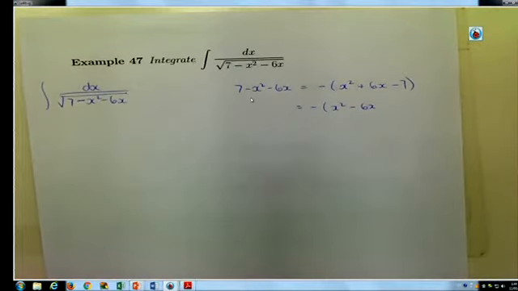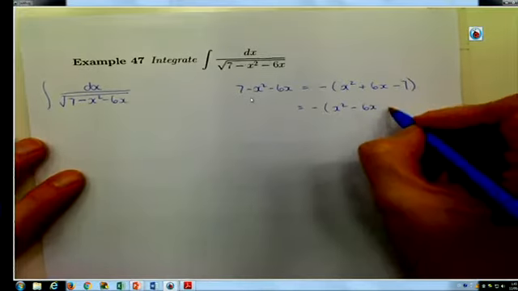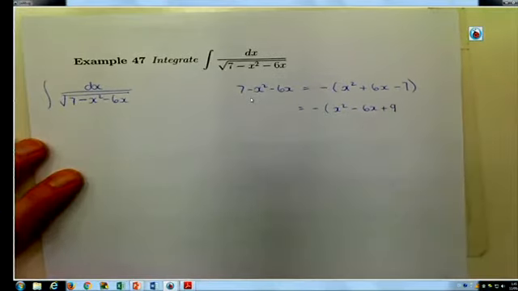Okay, so the x term and the x squared term are the parts you want to use to complete the square, right? So if we follow this little principle here, we've got an x squared, and what have we got? Minus 6x, so that tells us that a is going to be minus 3. Minus 3, right? And minus 3 squared is 9.